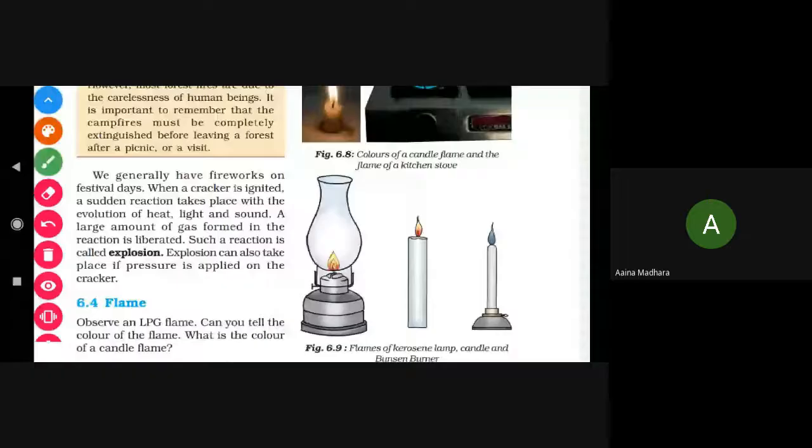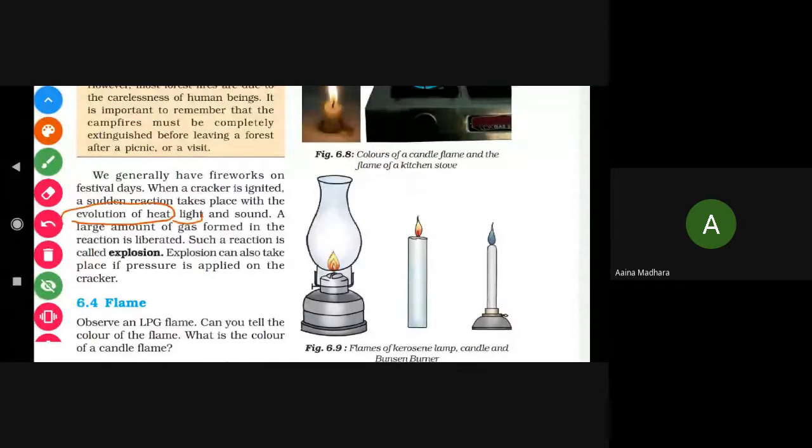So, definitions right now. We did rapid combustion, we did spontaneous combustion, and now we are talking about explosion. The best example of explosion is fireworks that you use on festival days, which is Diwali, right? When you ignite a cracker, a sudden reaction takes place and evolution of heat, light and sound takes place.